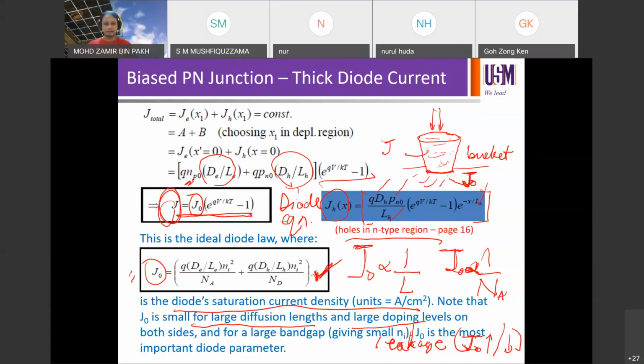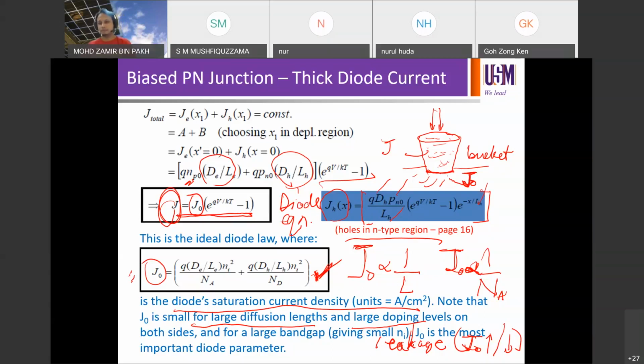Degenerate, okay. What else? Say you can dope 10^16, and then to improve conductivity, you want to dope like 10^19, so that the electrical conductivity of your material or of your device improves. But then what is the problem? 10^19 improves conductivity, but it comes with what?